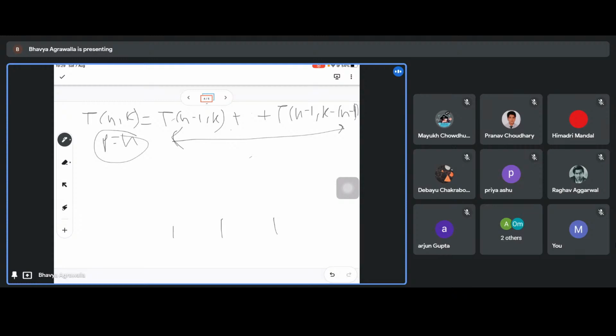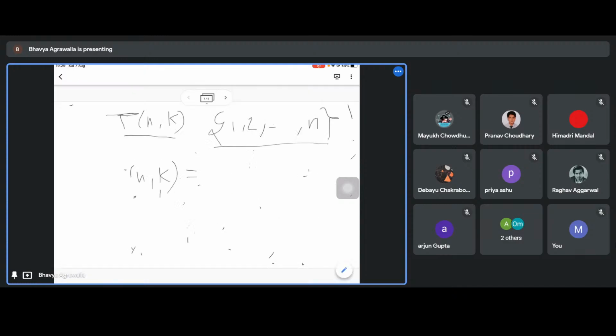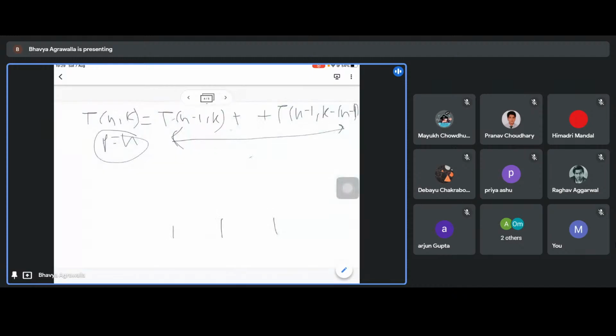Using this, just try to show it for p equal to n. This is immediate using this identity. Try to show the problem for p equals n.